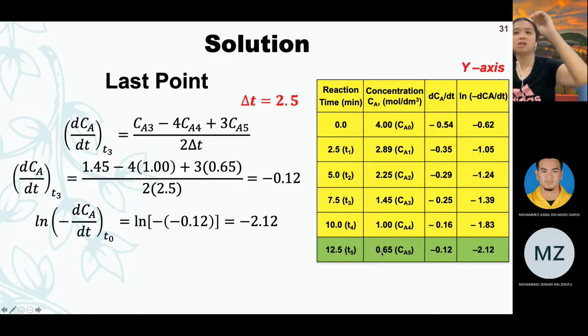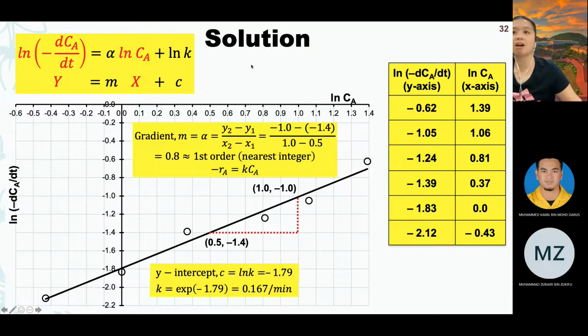The last 3 point. Then divide again by 2 delta T. You will get negative 0.12, which is your dCA per dt. And then negativekan the value. If it's already negative, it become a positive. And then you lnkan the value, then only you get your y-axis data. So you can see you have to do 6 different calculations just to get the y-axis data first.